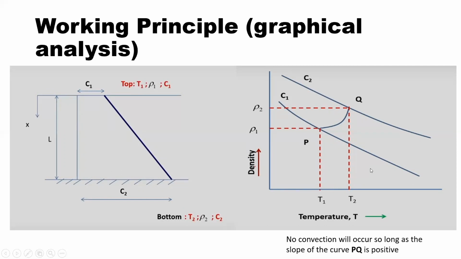From the curve, we can analyze that T1 and ρ1 are the temperature and density of the top layer, and T2 and ρ2 are the temperature and density of the bottom layer.